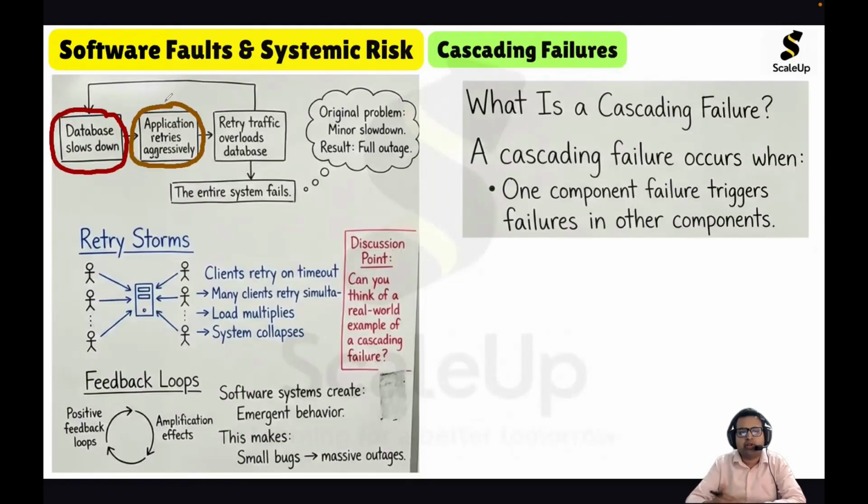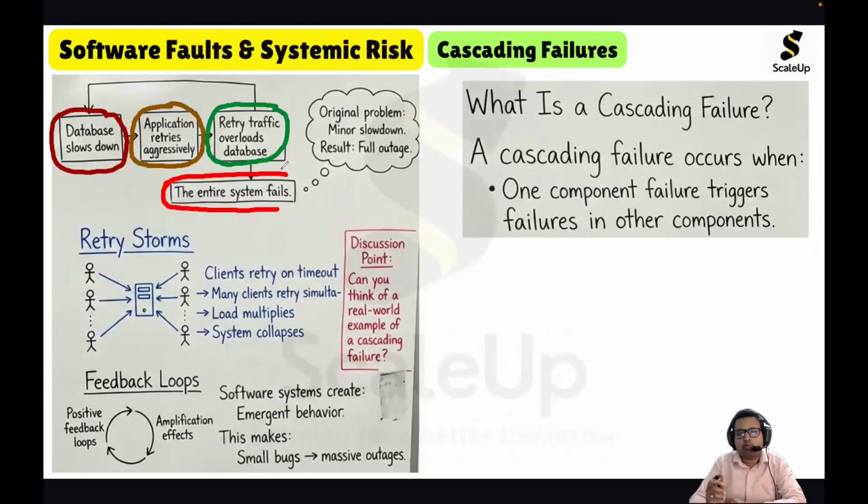So it will keep on retrying aggressively. Because of this aggressive retry traffic, the database gets overloaded. It will not be able to process the load, and the entire system will collapse.